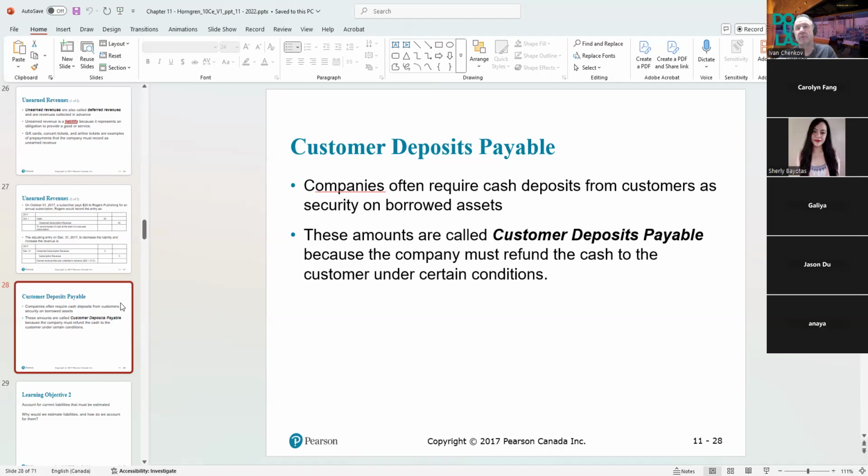Did you have to pay a deposit before you got your place? Can you get your money back for the deposit? Well, there are some conditions, but technically you should be able to. Correct? So what's that for you? That's a customer deposit payable.